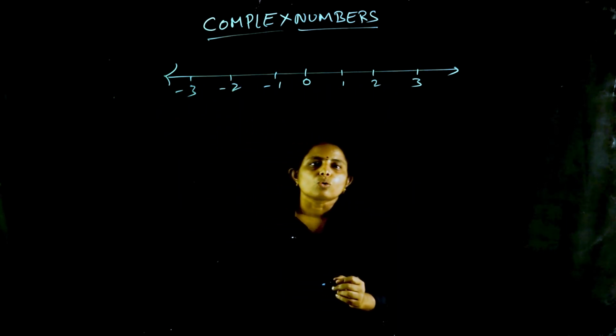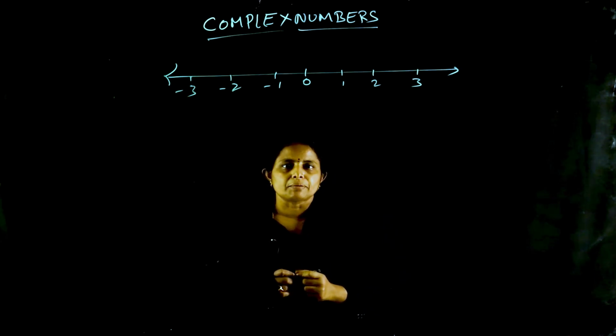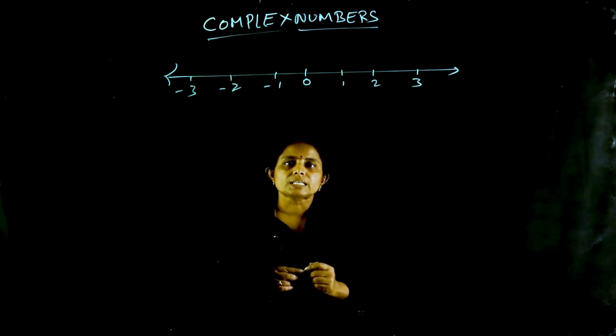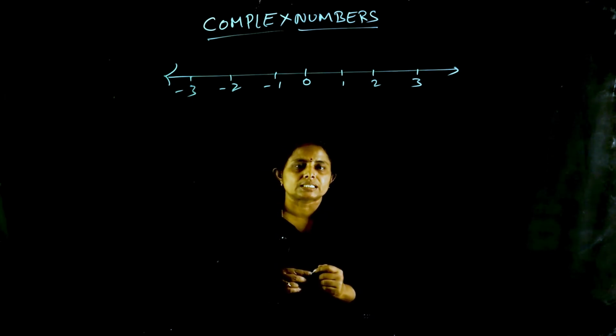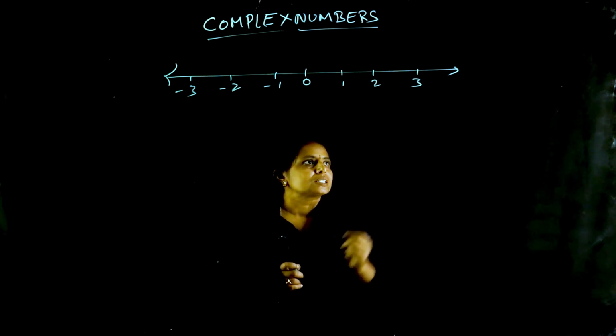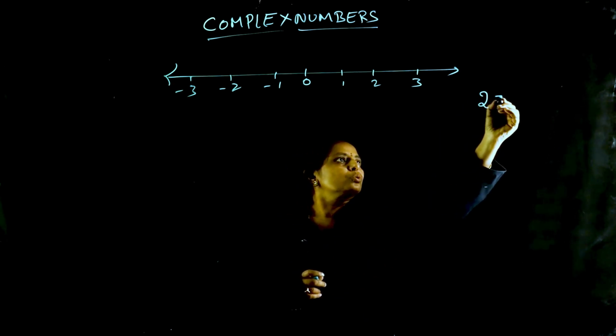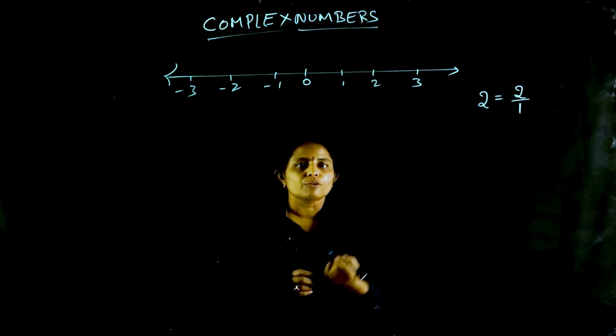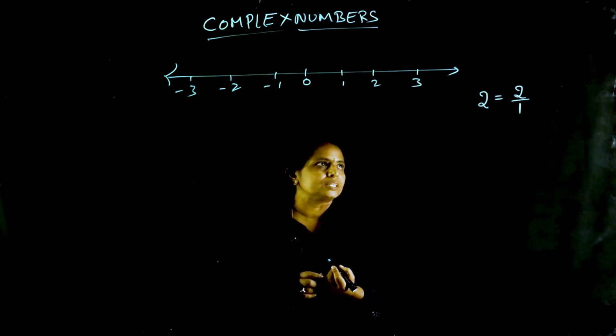So, what are rational numbers? Rational numbers are those numbers which can be represented as ratio of two integers with no common factor. Suppose we have a number 2, we can write it as 2 by 1, which is in the form of p by q, ratio of two integers.